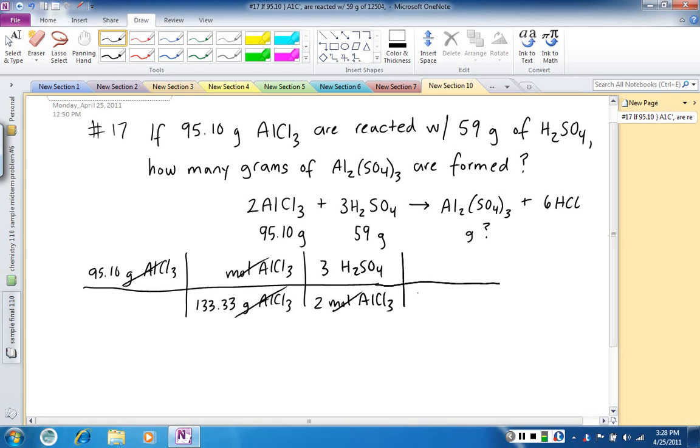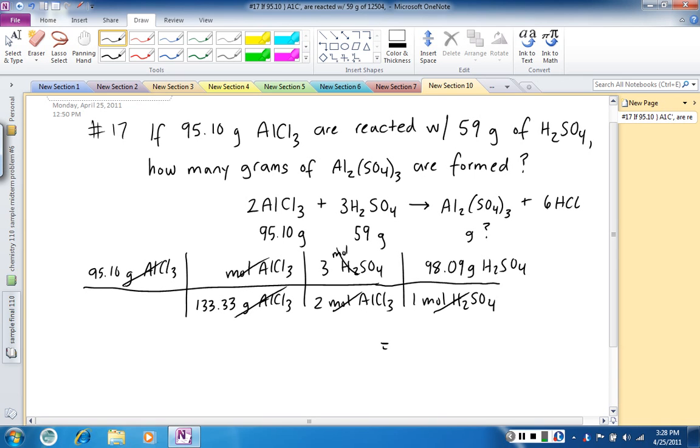And 1 mole of H2SO4 you'll have to figure out with your table weighs 98.09 grams. Oh, forgot my mole here.